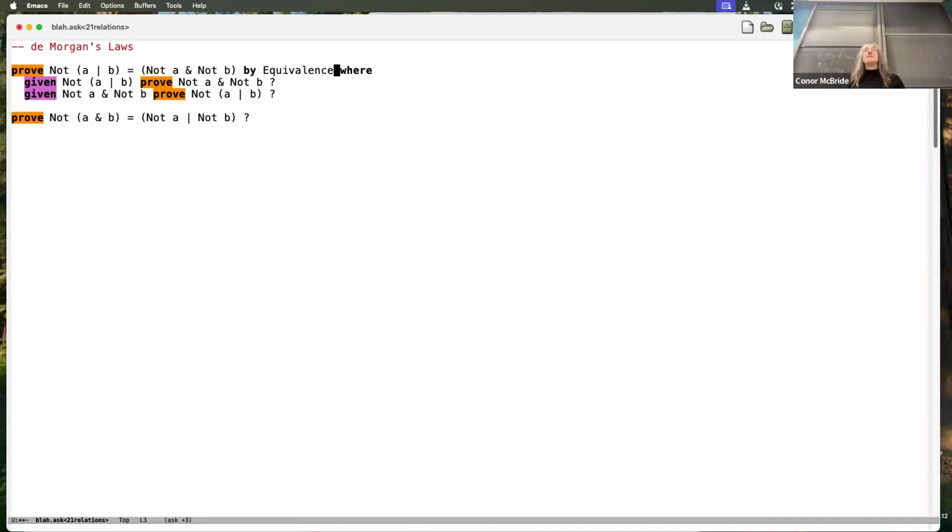Does that seem fair enough? Okay, let's do it. Let's prove De Morgan's laws. So this one says if neither is true, then they're both false, which I hope seems plausible.